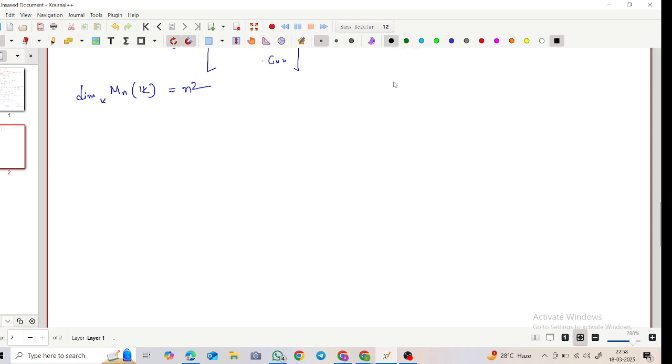Now example 2, or maybe continue with example 1.